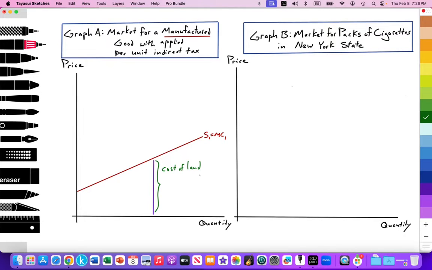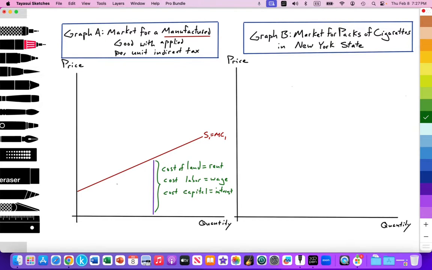Tobacco is grown on the land, and that cost is rent. That's also the cost of labor resources, and firms that produce tobacco are paying wages. That's also the cost of capital resources. And for capital, firms are paying out interest. Okay, so from the x-axis up to the supply curve, that's the sum of the cost of land, labor, and capital resources.